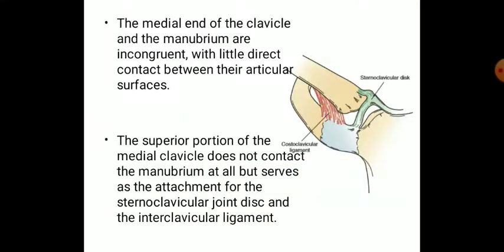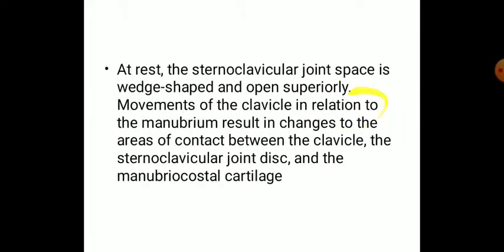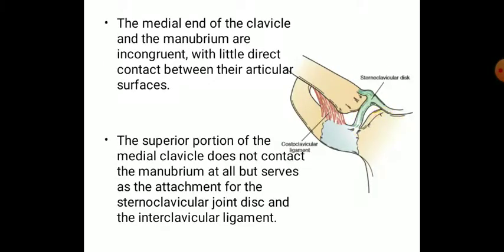The medial end of the clavicle and the manubrium are incongruent, with little direct contact between the articulating surfaces. As you can see in this picture, they are not in a very good shape to have a better attachment.